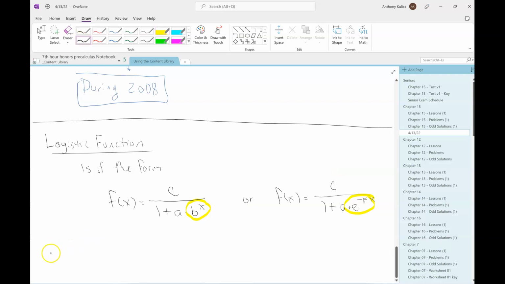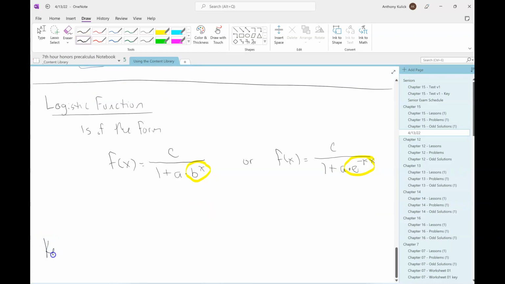So the key feature here for our logistic function is we have a horizontal asymptote at y equals 0 still, and another one at y equals c.